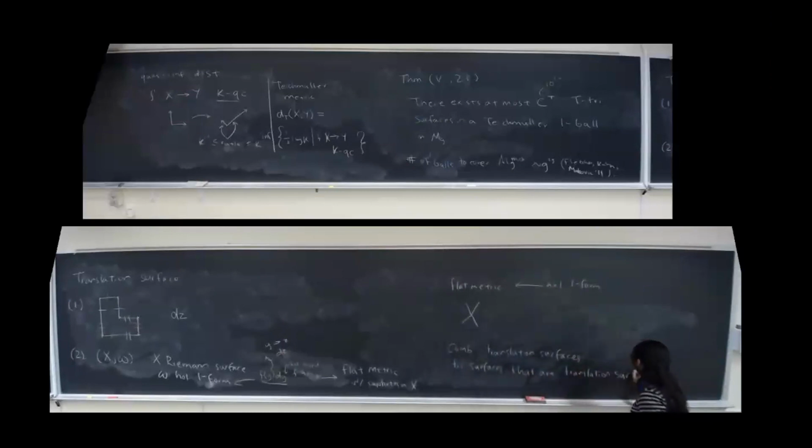That means that the flat metric coming from the translation surface is simply the same as the flat metric of the triangulated surface. So this is a combinatorial condition on the gluing, basically.